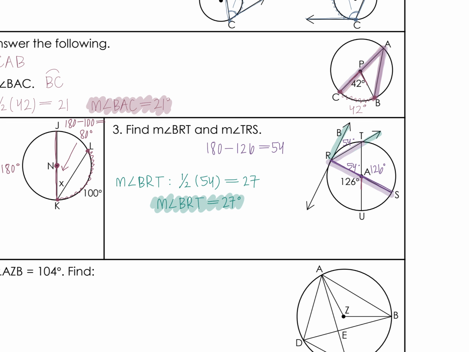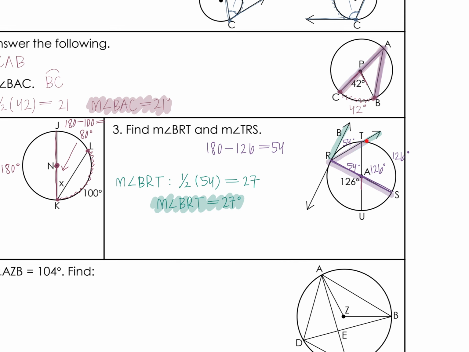Okay, now let's go in and find that purple angle that we have. Okay, that was our angle TRS. Okay, well, what's going to help me here is going to be the fact that once again, we do have that central angle of TAS is 126. So that means that this intercepted arc is also 126, which if you can't tell, I'm going to outline it with my little laser.